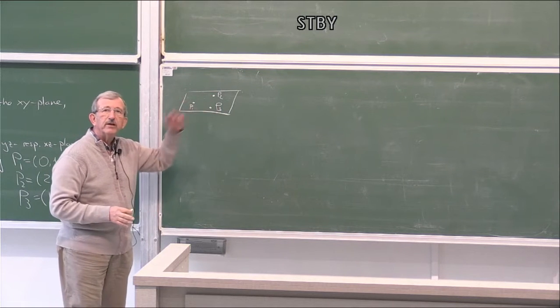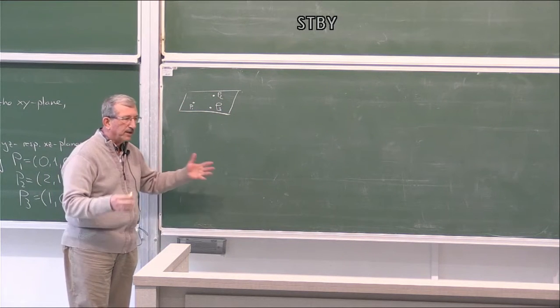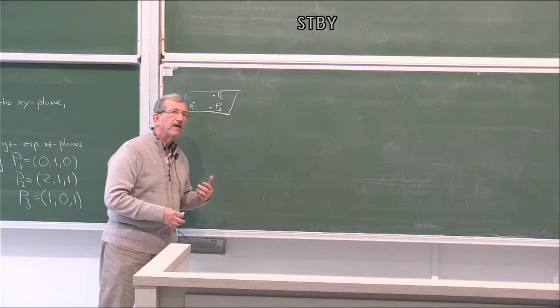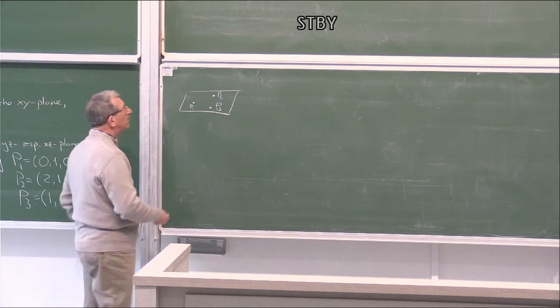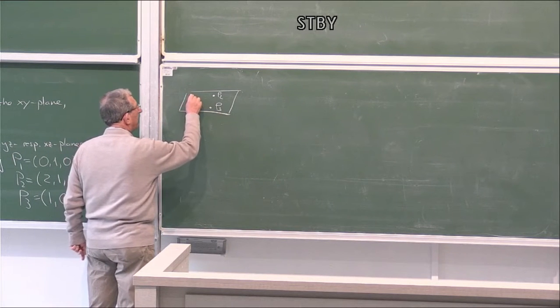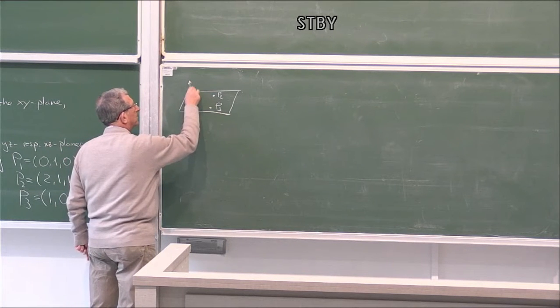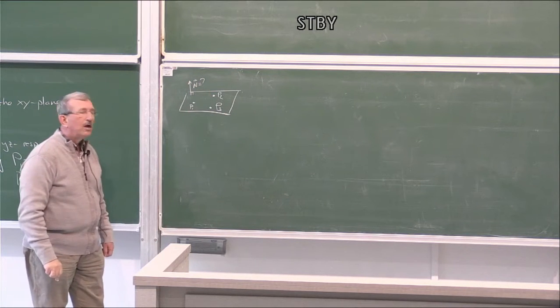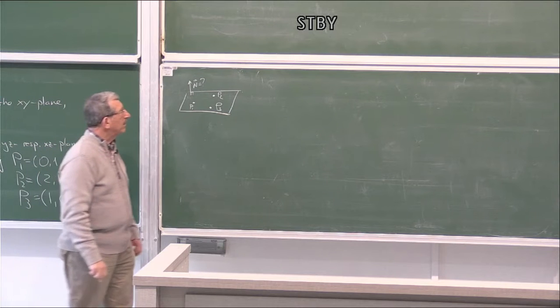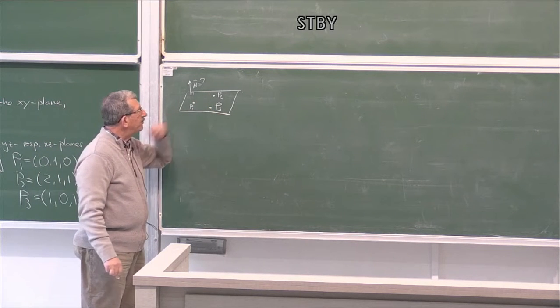We have many. We can take any of them, and a perpendicular vector. Now, a perpendicular vector, an n here, this is the problem here. So to find n, we can look at these 3 points.